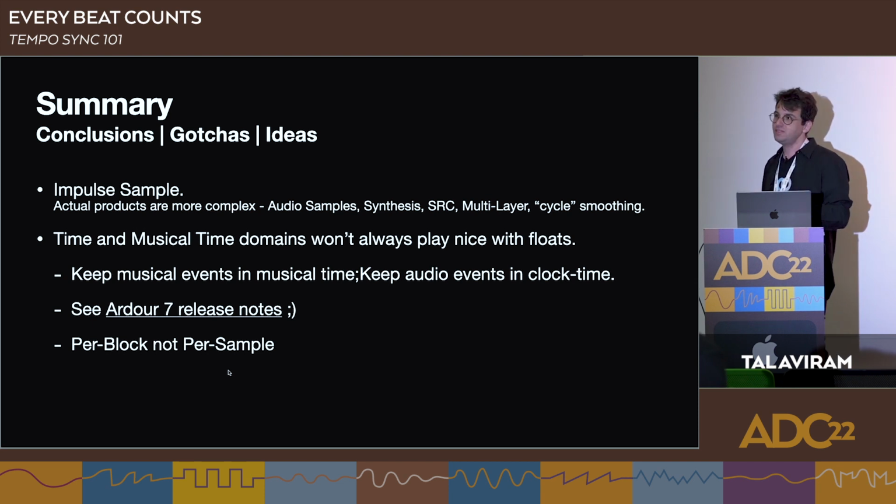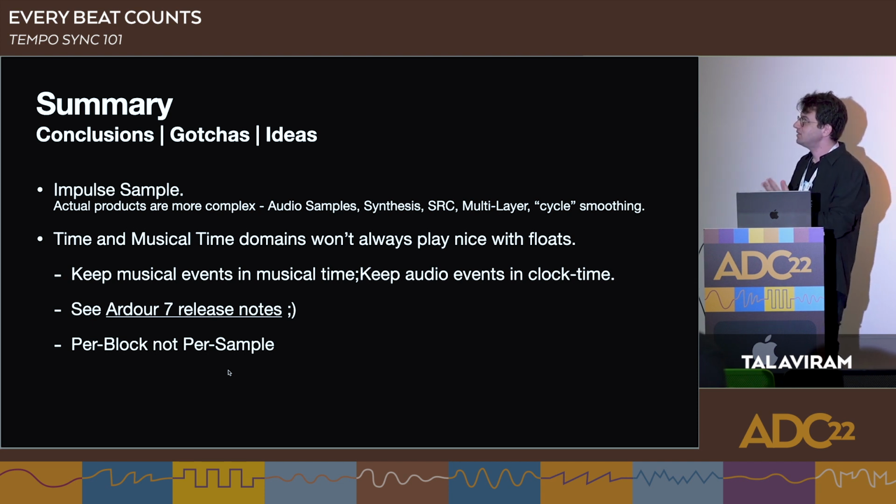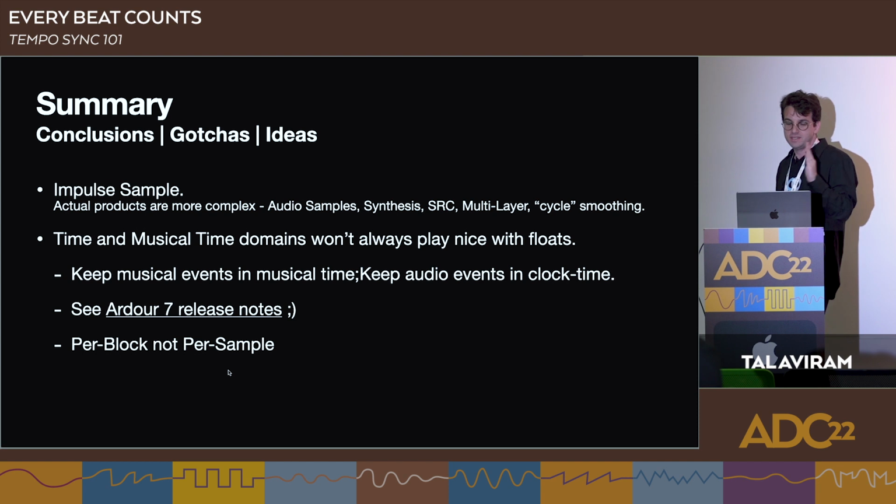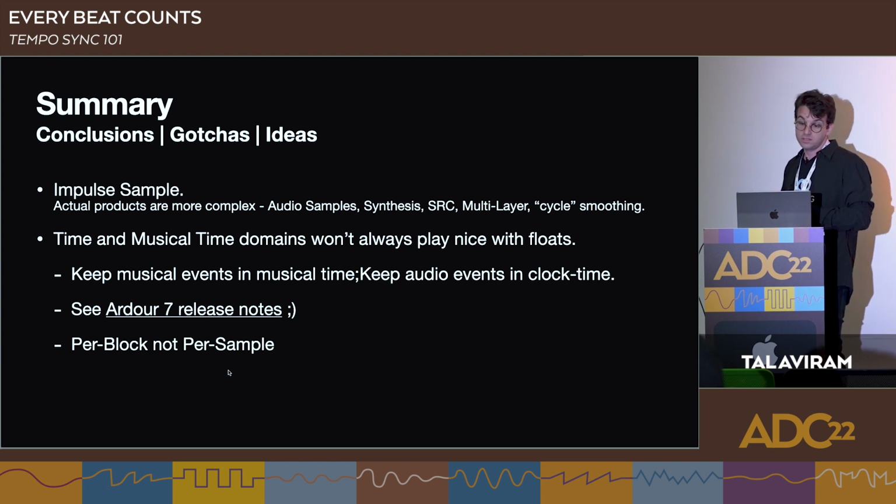And the most important thing that I think this talk is about is that time and musical time domains are not friends. They are friends, but the moment we are doing conversions, especially in discrete values, but also in everything that can be infinite, we're going to get some numbers going wrong.